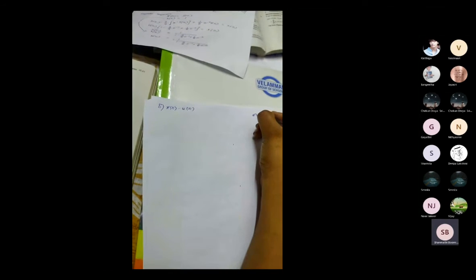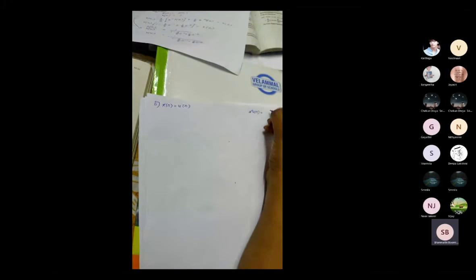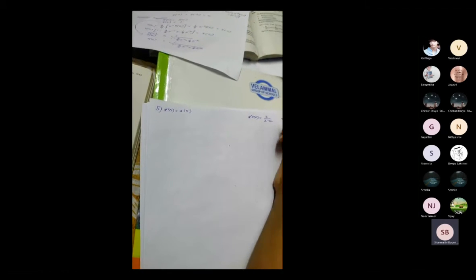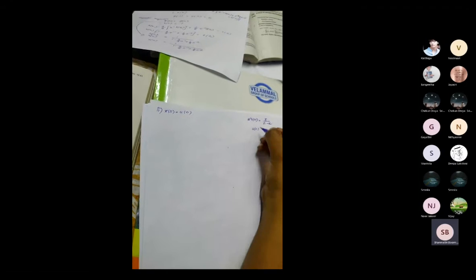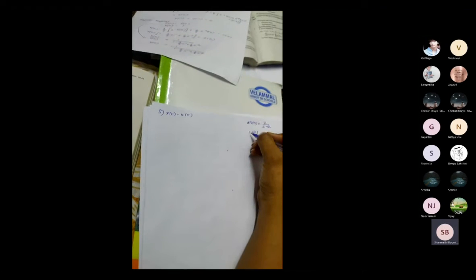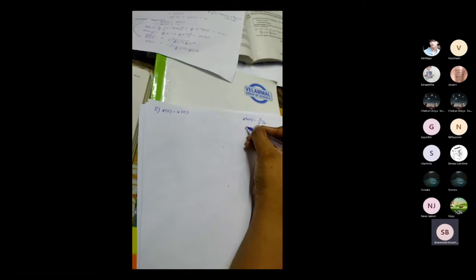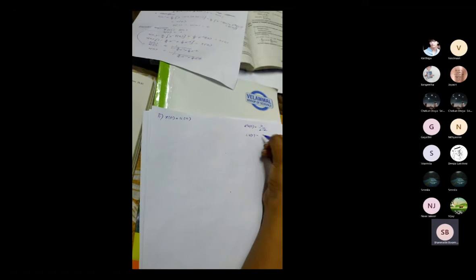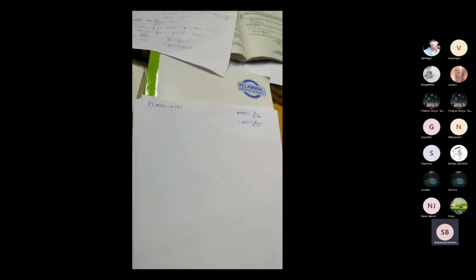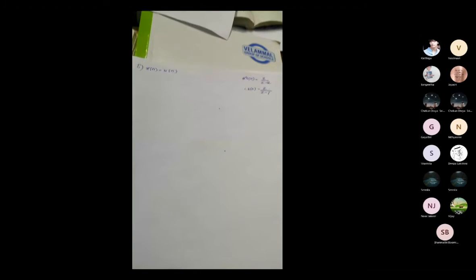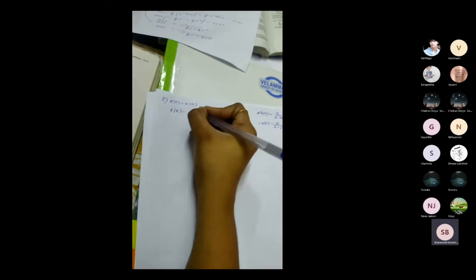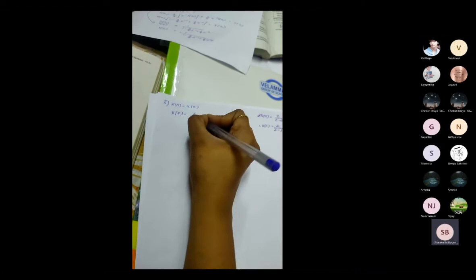For a power n into u of n, the Z transform will be Z divided by Z minus a. Here you have only u of n, so in front you have 1. You have to assume the constant value is 1 if no other value is there. So the Z transform will be Z divided by Z minus 1. So X of Z will be equal to Z divided by Z minus 1.